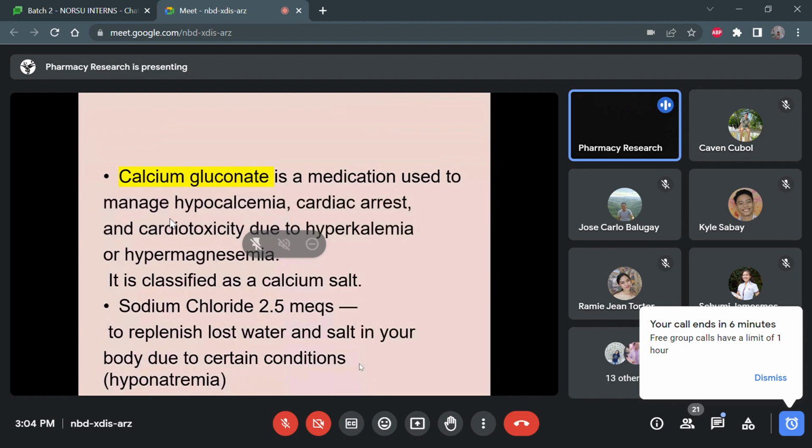It also relaxes patients undergoing surgery. Next is the charcoal. If you have noticed, you have to take charcoal. It is a universal antidote and its mechanism is to adsorb ingested toxins within the gastrointestinal tract, preventing systemic absorption.